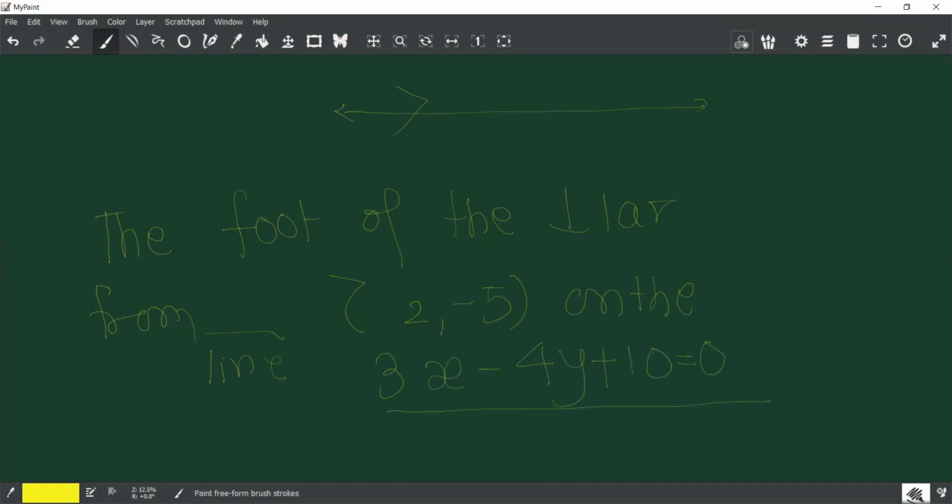There are 4 options in this. Basically you have to get the foot of the perpendicular. The perpendicular is drawn from (2, -5) on the given line. Are you trying? Yeah, please go ahead.